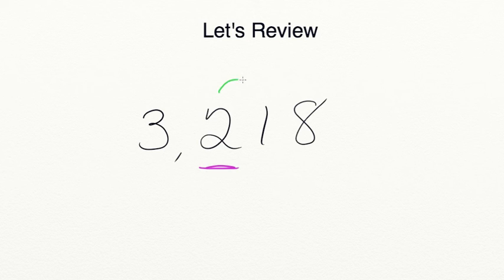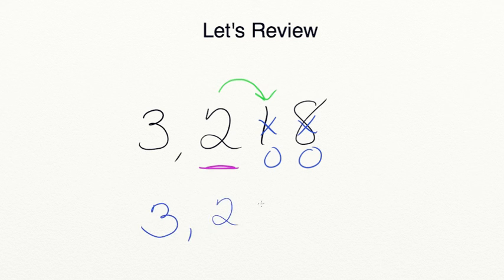Look at the number directly to the right of the place value that you're rounding to. Step 3. If this number is 5 or greater, then we would round our 2 up to a 3. But since this is less than 5, we keep our 2 the same, and we replace our remaining place values with zeros. So 3,218 rounded to the nearest hundreds place will give us a value of 3,200.